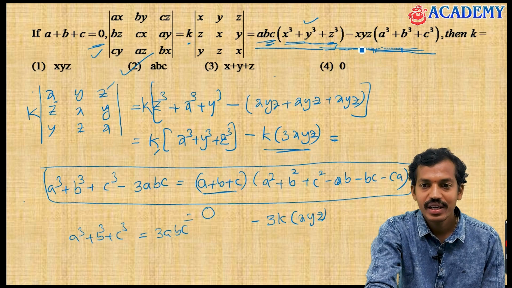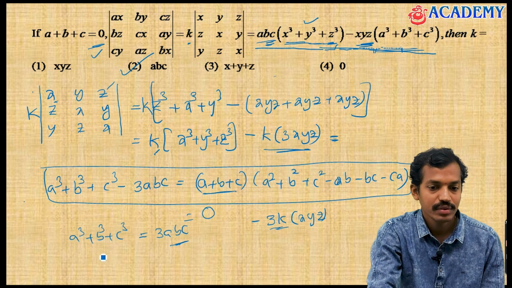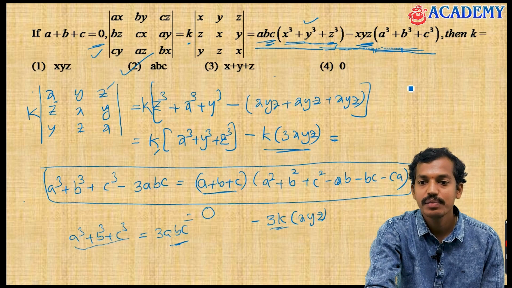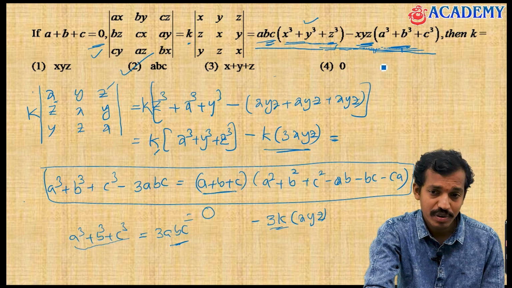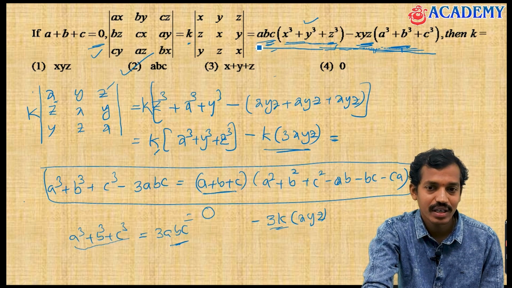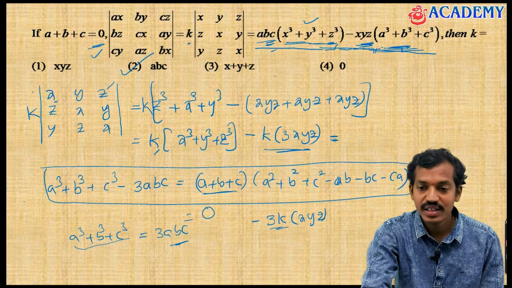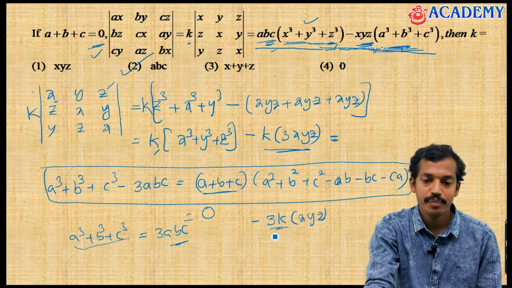Here we have xyz, 3k equals 3abc equal to a cube plus b cube plus c cube, you replace. Actually this modification is not needed; simply by seeing, you get this value directly, and the k value is going to be abc only, right? But to satisfy the equation, I am just giving this formula.